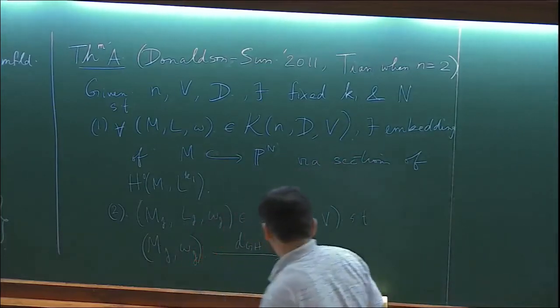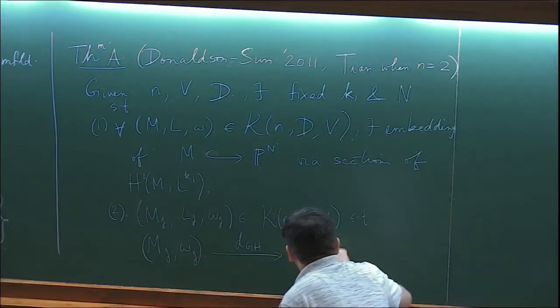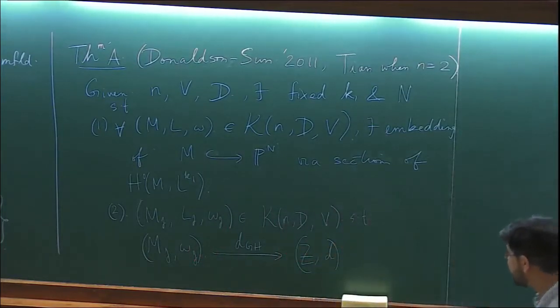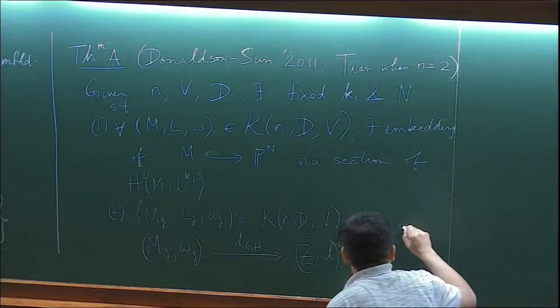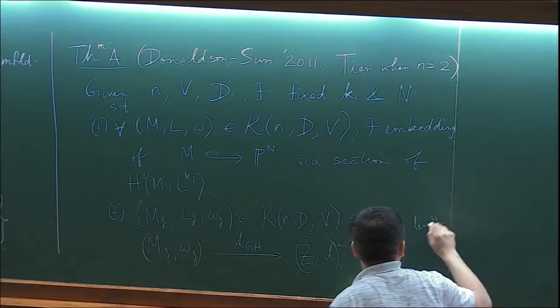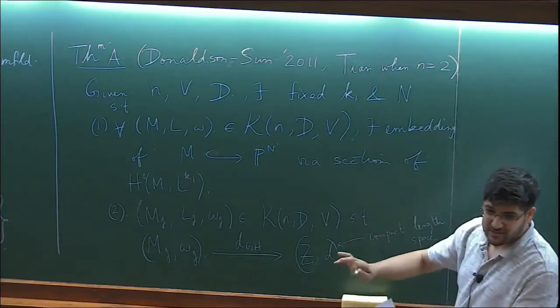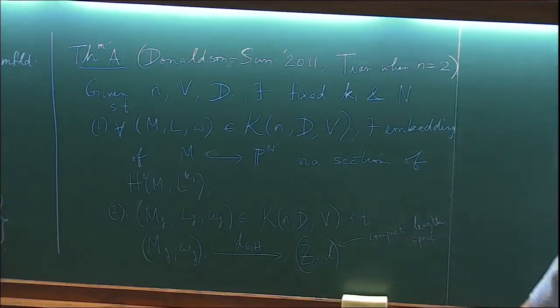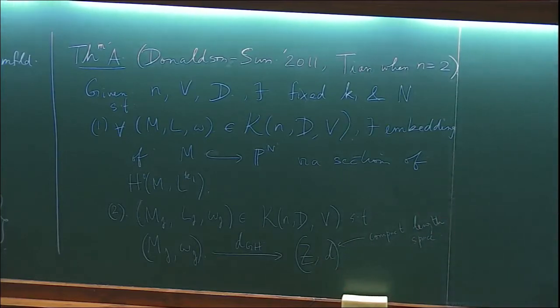Suppose these guys converge in the Gromov-Hausdorff distance to another metric space. A priori, this is only a compact length space, right? So this need not be a manifold. It's just some metric space where the distance comes from lengths of curves.